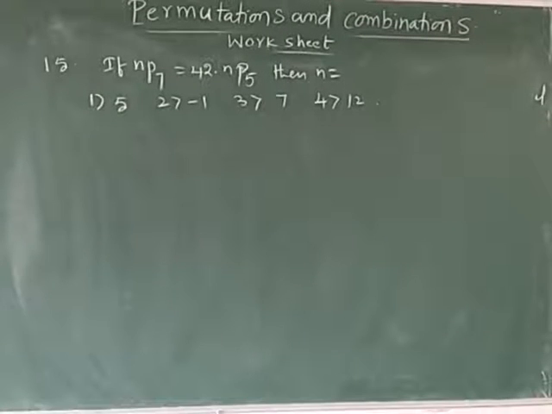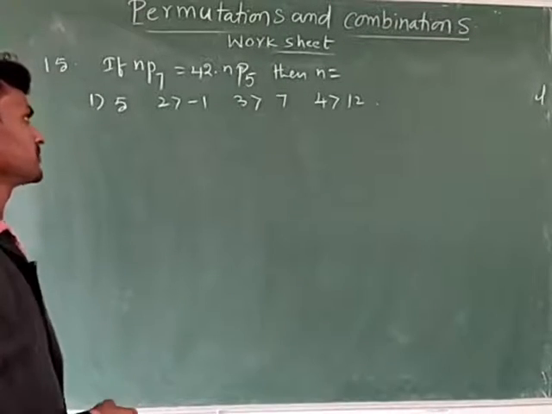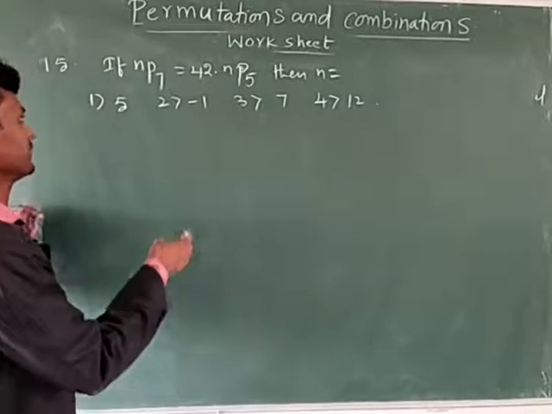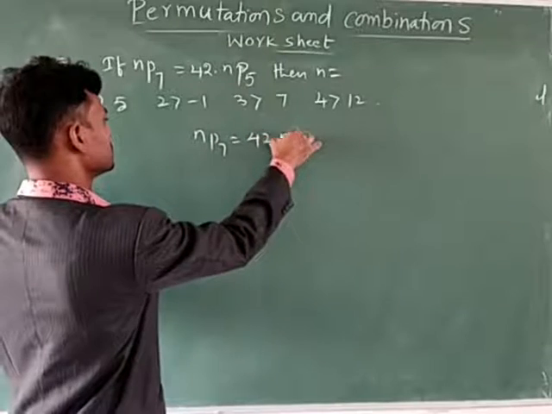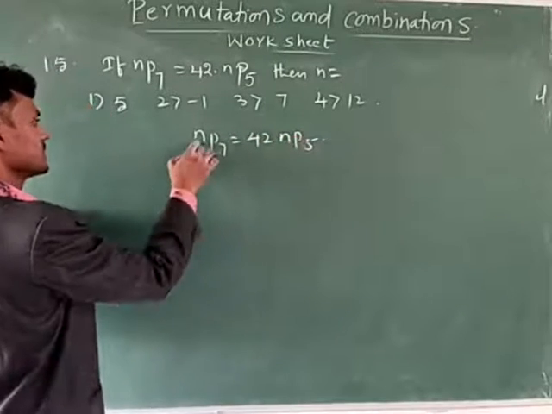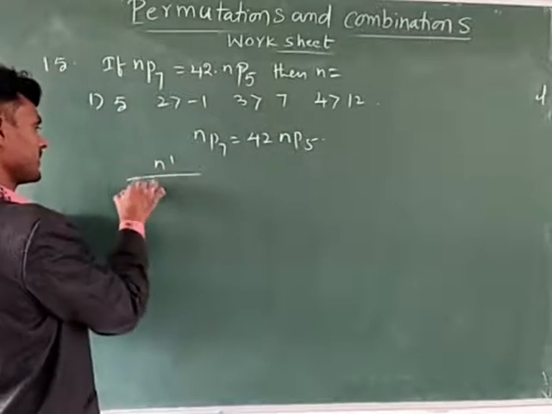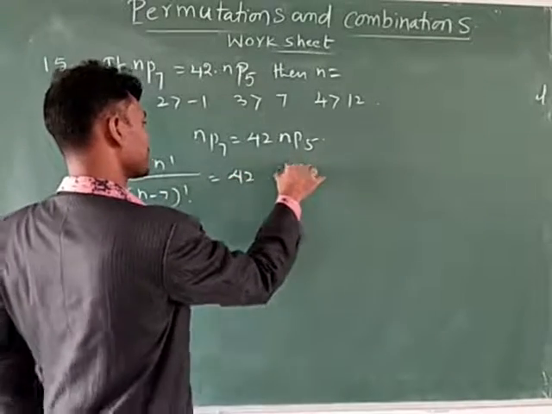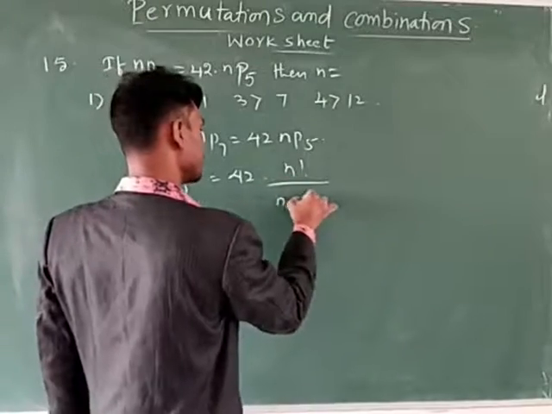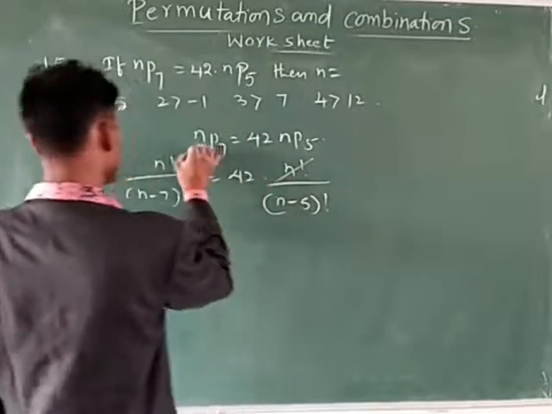Next question, 15th one. If nP7 is equal to 42 into nP5, then find the value of n. See here, nP7 is equal to 42 into nP5. Here nP7 is written as n factorial by (n minus 7) factorial. Here 42 into, this is also written as n factorial by (n minus 5) factorial. Here n factorial cancels.